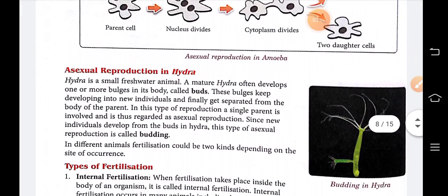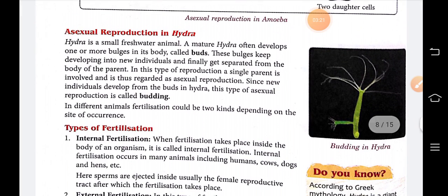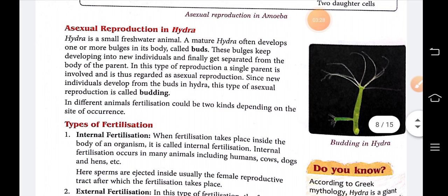Second is asexual reproduction in Hydra. Hydra is a small freshwater animal. A mature hydra often develops one or more bulges in its body called buds.